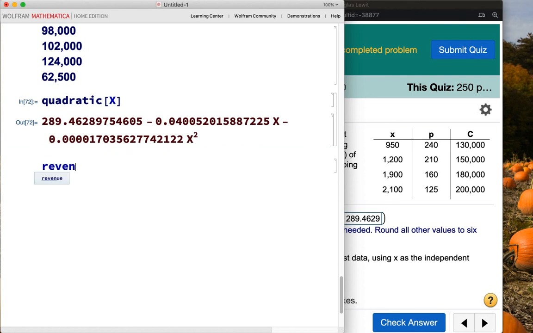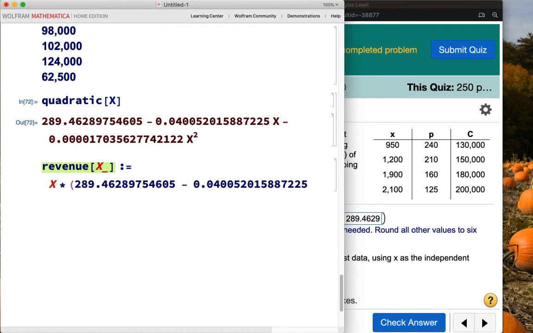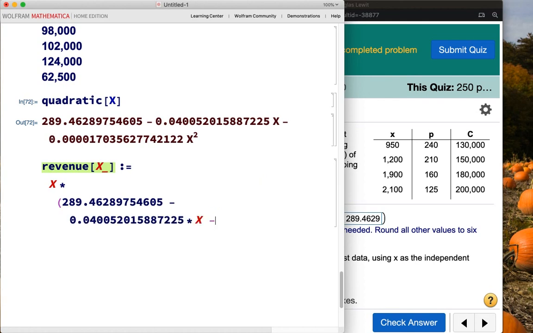So the revenue function, revenue of x, is equal to x times 289.4628975465 minus 0.0400520158872225 times x minus 0.00035627742122 times x squared.